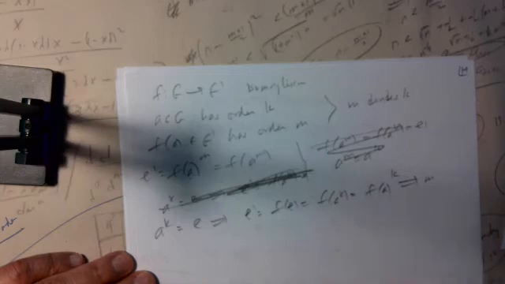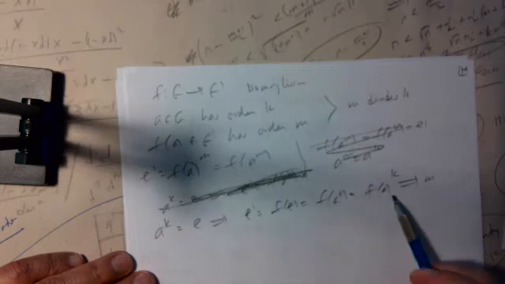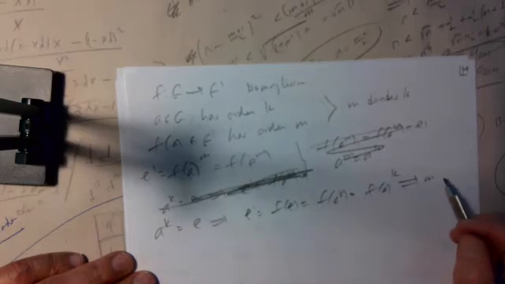I'm still not getting this the right way. But why does k divide m? That's what I want.